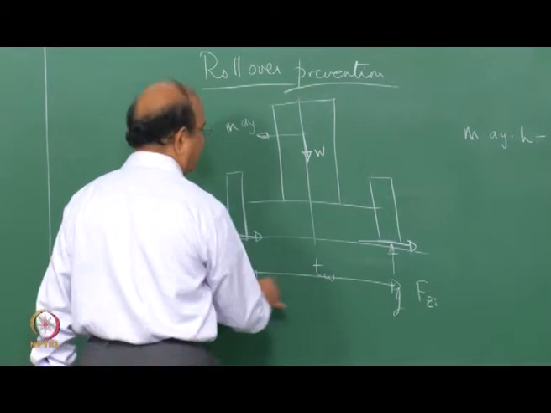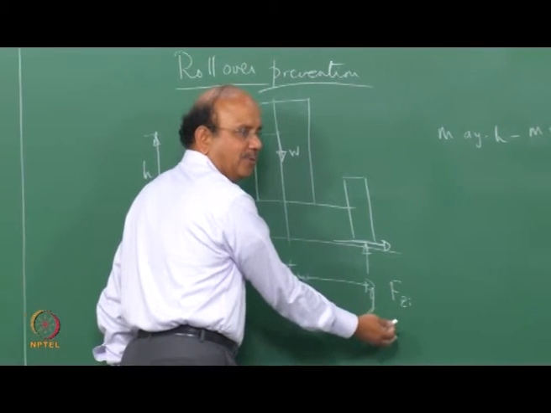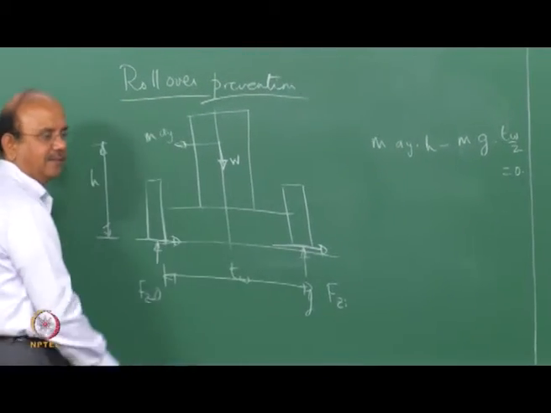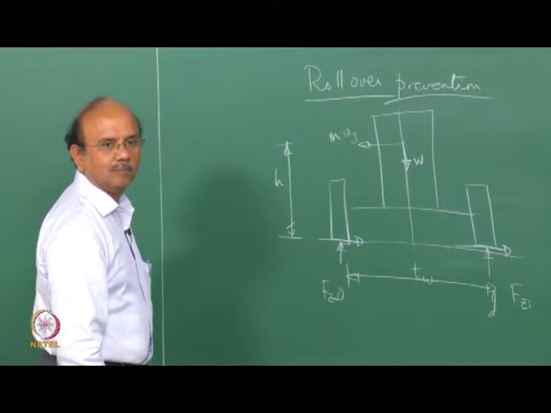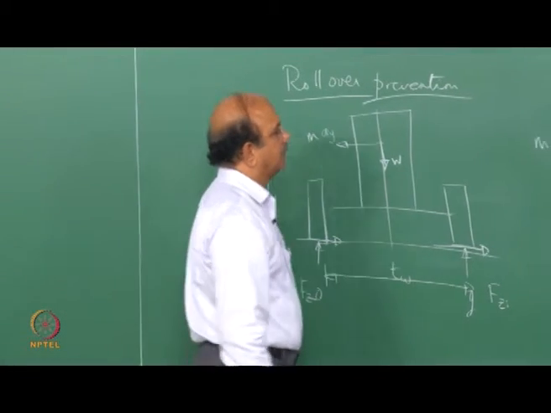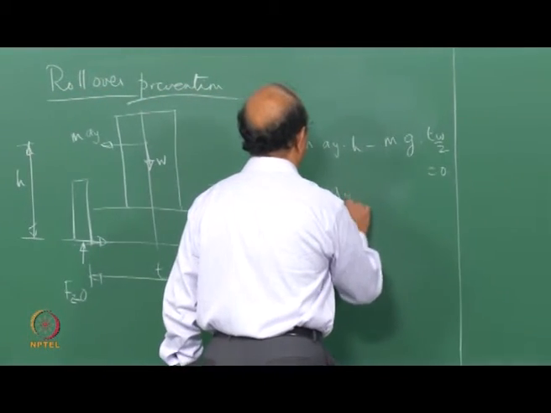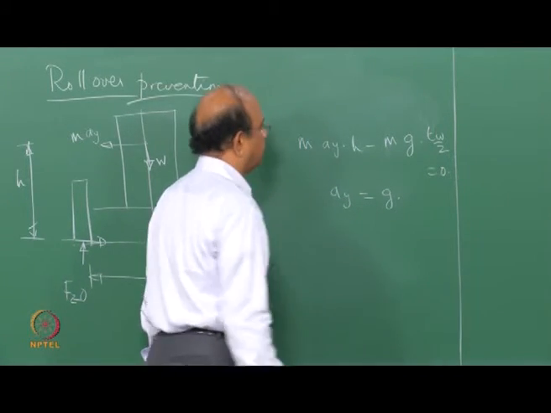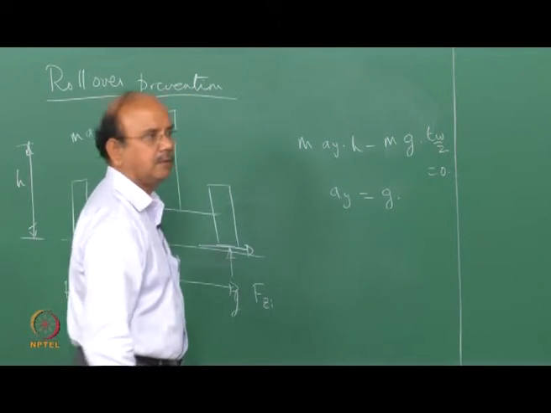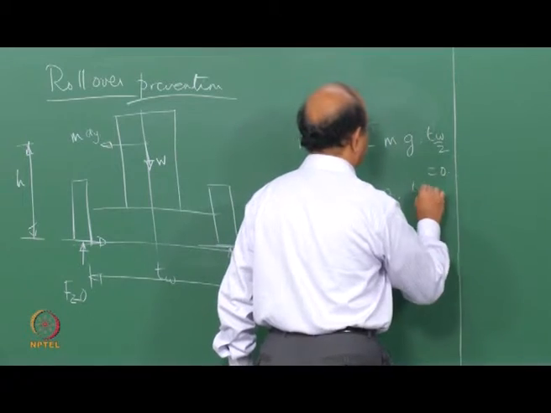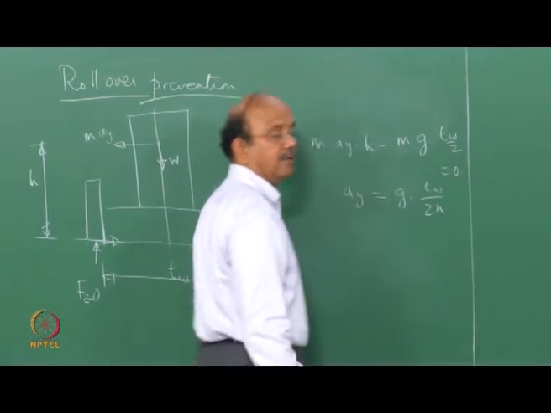This FZ inner, that's what I told you, so there's nothing here. So AY is equal to G into TW by 2H.